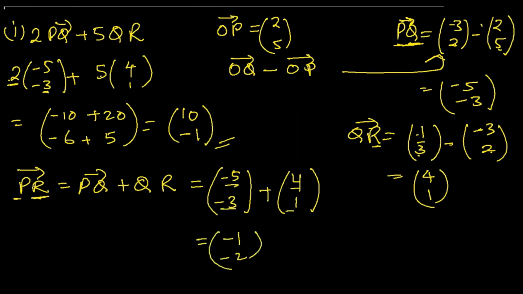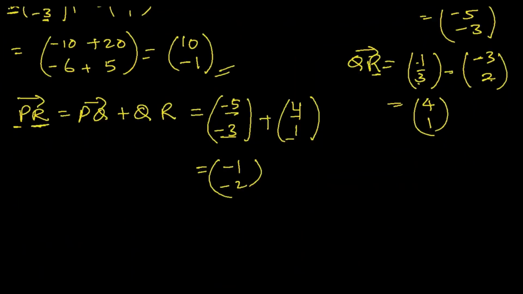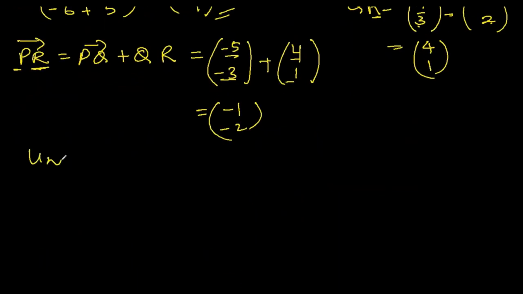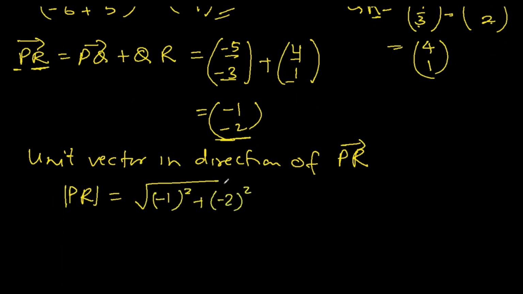And we want the unit vector in the direction of PR. To find the unit vector in the direction of PR, first we find the modulus of PR, the magnitude of PR. So it will be minus 1 squared plus minus 2 squared.